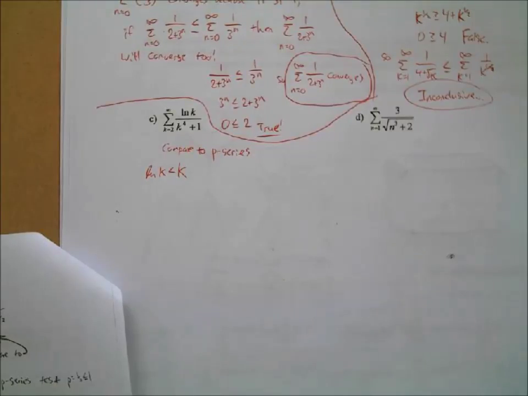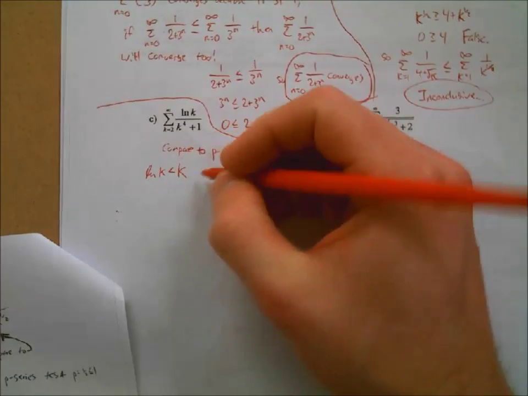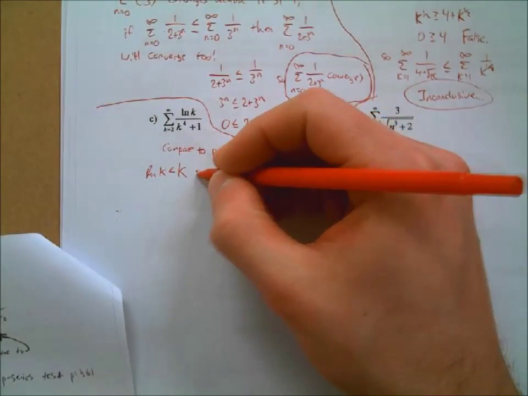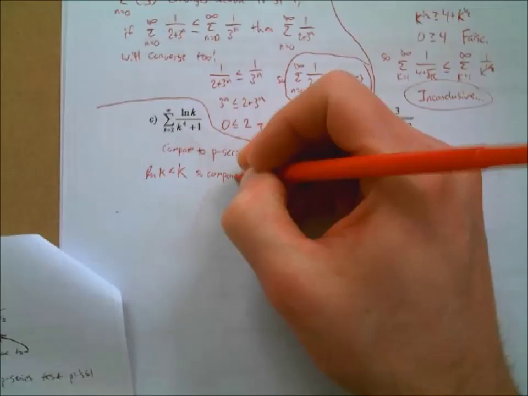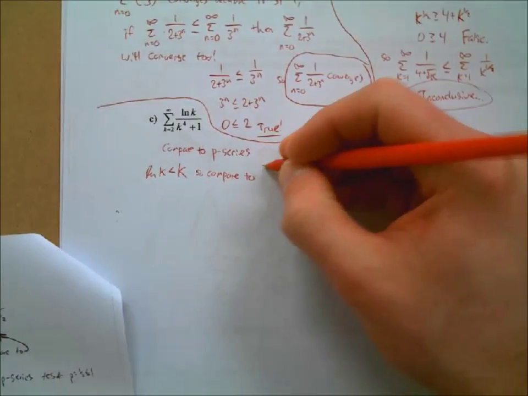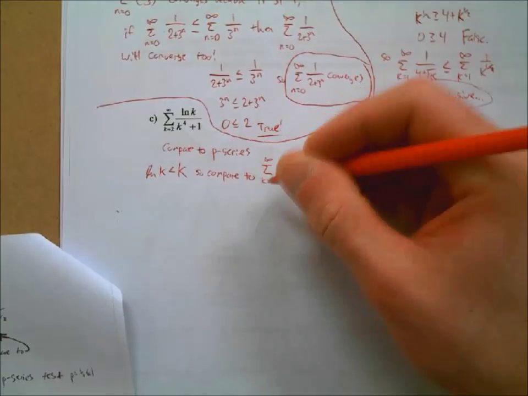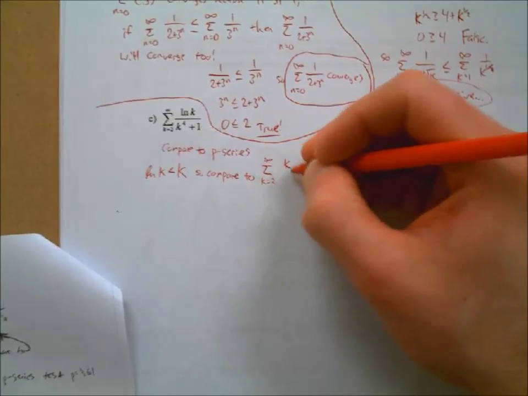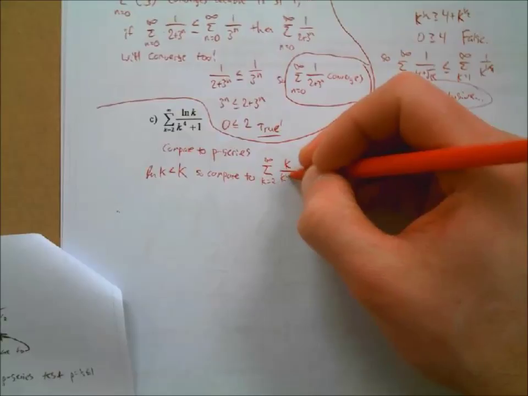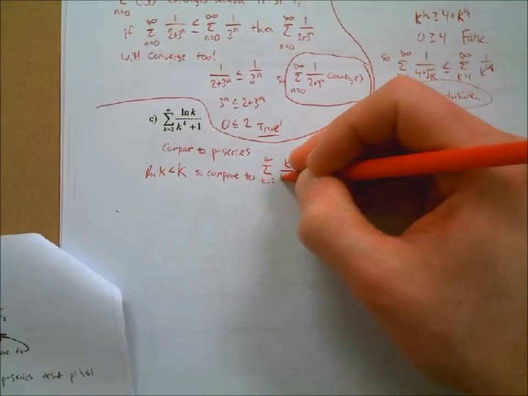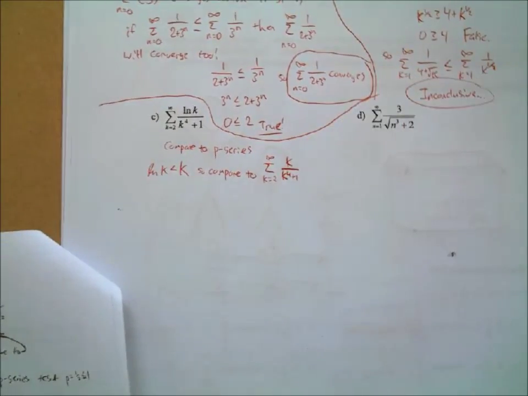So we can compare to the sum from k equals 2 to infinity of k over k to the 4th plus 1. So instead of ln k in the numerator, we'll put a k in the numerator there to compare it that way.